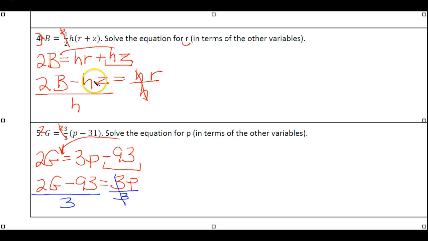Now, while these answers are acceptable, at least to me, they're not what the book has. What the book did is they did some division here, and divided this by H, divided this by H, like so, and divided this by 3, and divided this by 3.